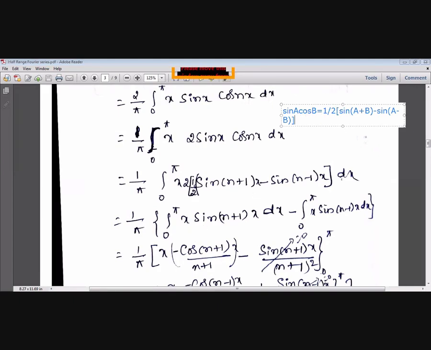Use that. If you use that, in place of A, what do you have? In place of A, you have x. In place of B, you have nx.